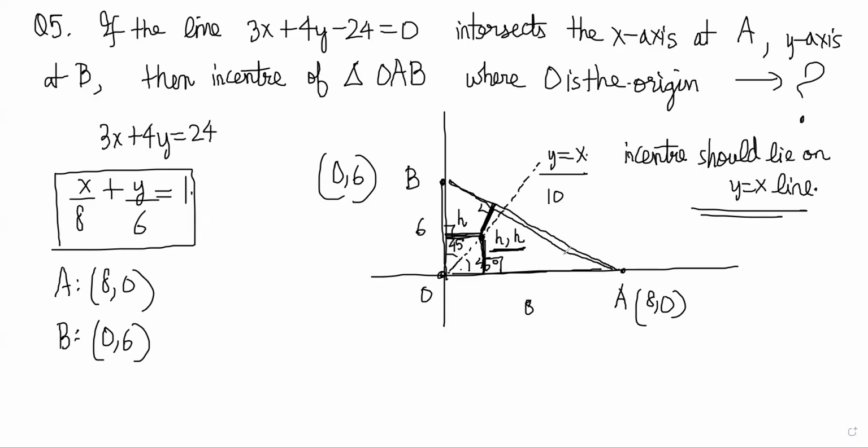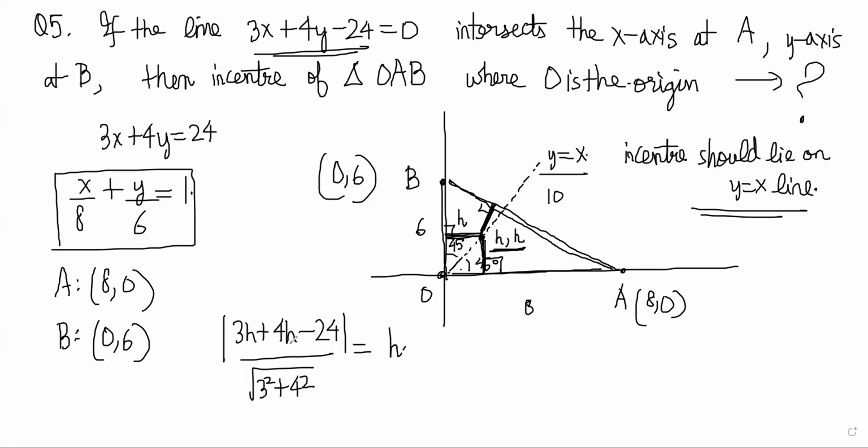So if the equation of AB is this, what is the perpendicular distance from h comma h to this line? It will be mod of 3h plus 4h minus 24 divided by root over 3 square plus 4 square. And that should be equal to h. Then only will you get the incenter, right? Because the perpendicular distances from the other two sides are h and h.